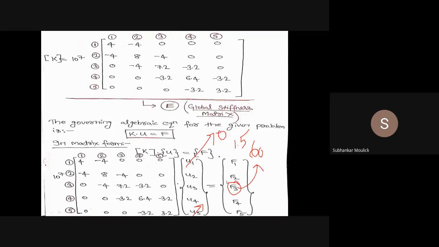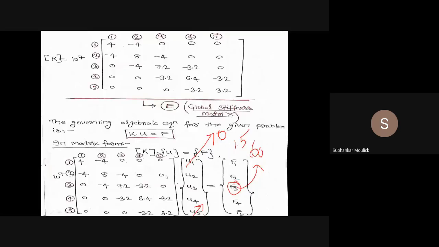Now, F3 is given in the problem, that is 60 kilonewton. The remaining force values are not given in the problem. That means at node 1, no nodal force is acting.